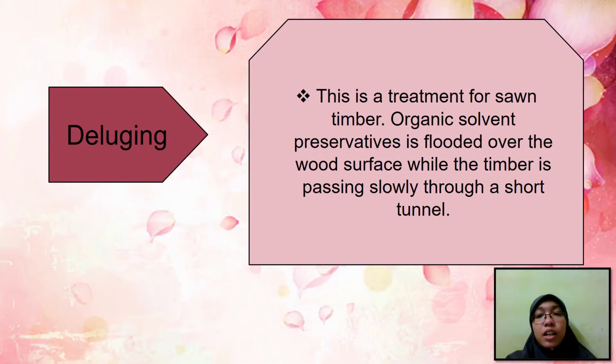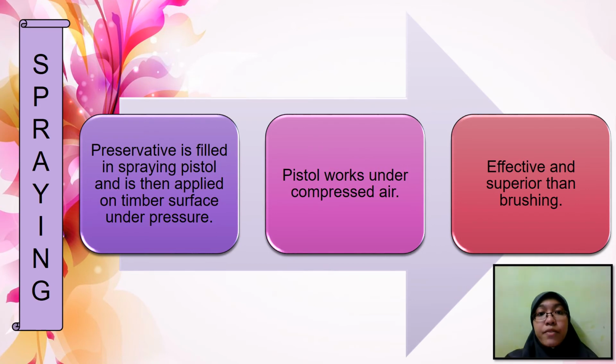Deluging is a treatment of sawn timber. Organic solvent preservative is flooded over the wood surface while the timber is passing slowly through a short tunnel. Now, spraying preservative is filled in spraying pistol and is then applied on timber surface under pressure.